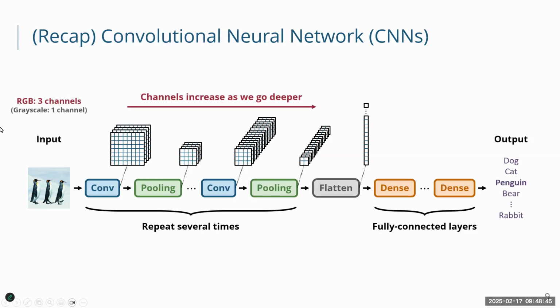So as you can see here, the input in our case would be sort of a grayscale image, or we have that color, but it's basically just one channel, and the channels will increase as we go deeper. So channels, sometimes you see features, sometimes you see channels, sometimes you see number of filters, number of kernels, they all mean the same thing.